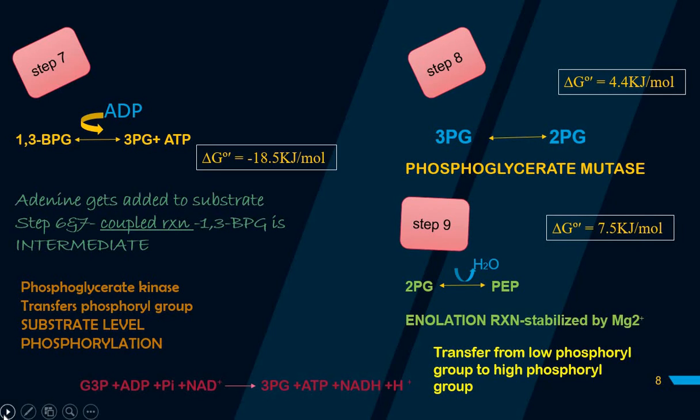In step 9, removing a water molecule gives the product phosphoenol pyruvate, and this reaction is known as annulation reaction because in this step a low energy phosphoryl group is getting converted to a high energy phosphoryl group to make it stabilize, and this process is known as annulation.